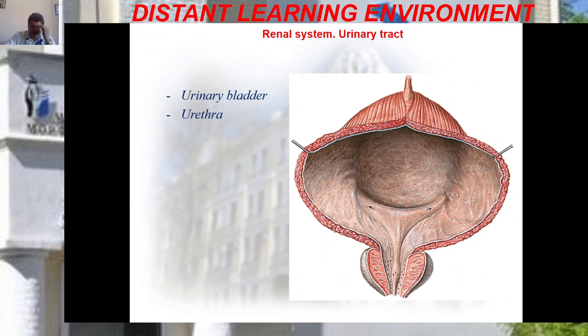Besides the serous coat, called tunica serosa, covering the posterior wall and the apex of the bladder, the constituents of its wall are the muscular coat, you may see the muscular coat here, tunica muscularis, formed of smooth muscle fibers, the submucous coat, tela submucosa, and the mucous coat, tunica mucosa.